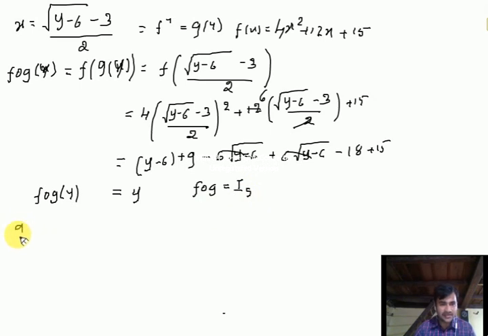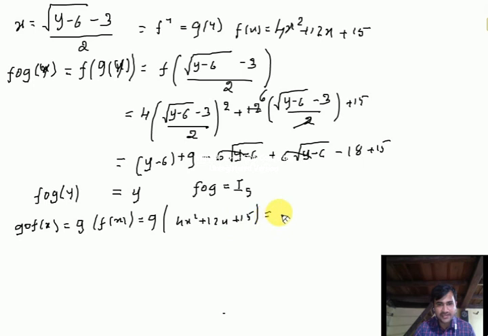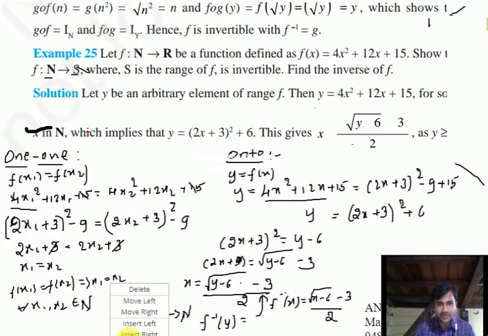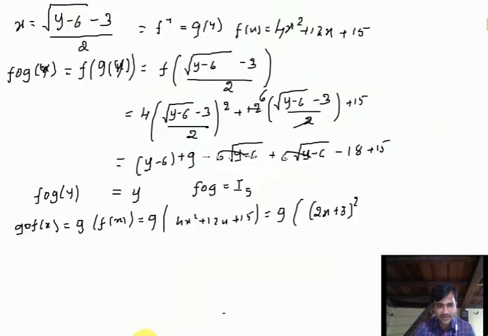Similarly we can consider GOF of x is equal to g of f of x. F of x is the given function 4x square plus 12x plus 15. Already we have considered this one as 2x plus 3 whole square, minus 2x plus 3 whole square plus 6. We have considered this one as plus 6.